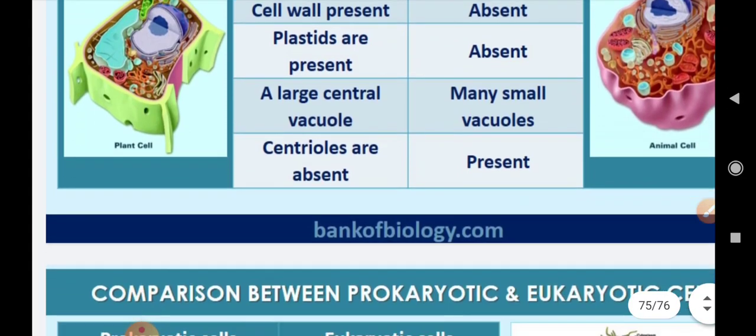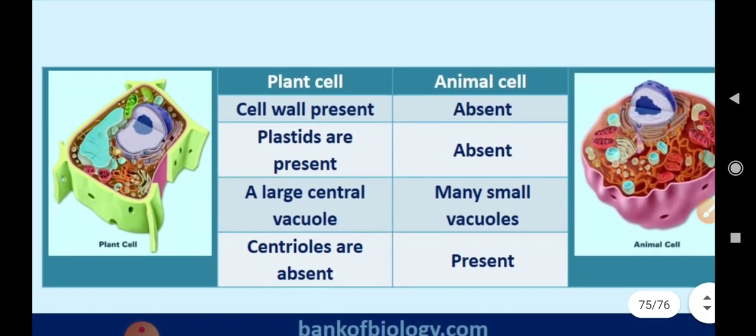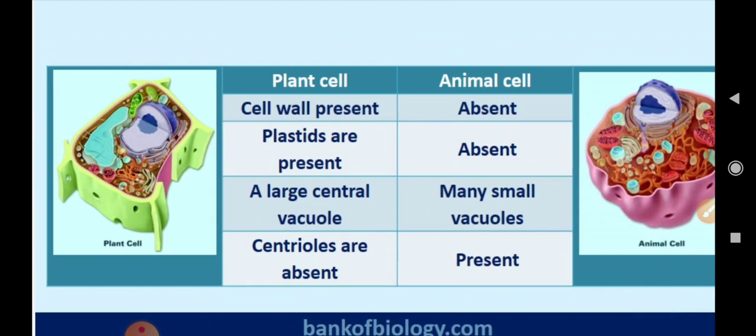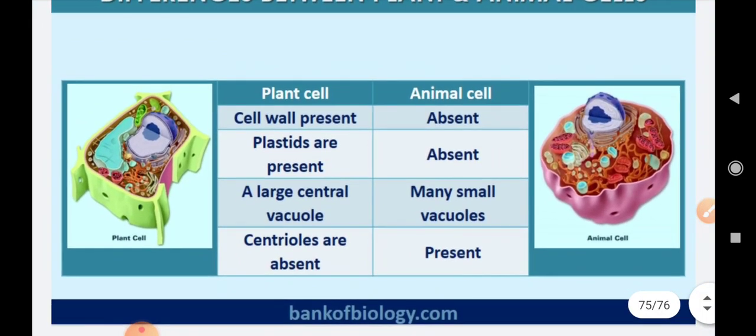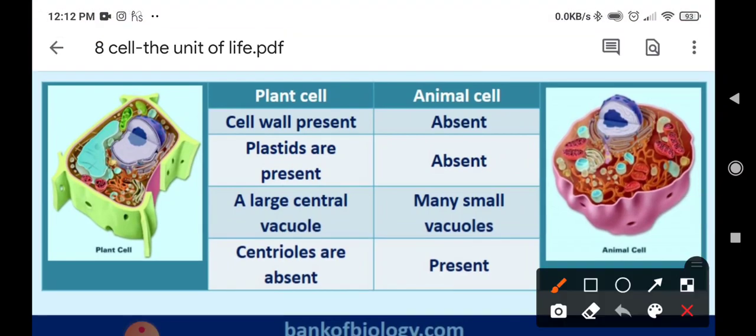If you look at the plant and animal cell, you will find various differences. After going through the number of organelles, you now know the basic differences. Plant cells contain a cell wall, but in animal cells it is absent.